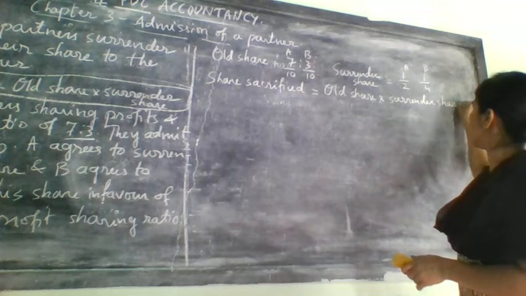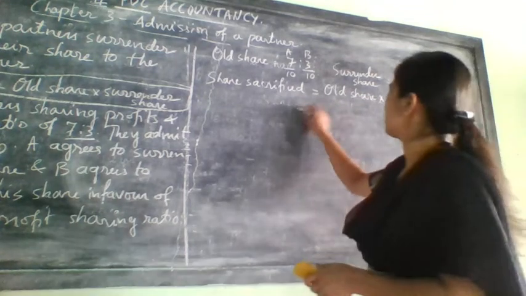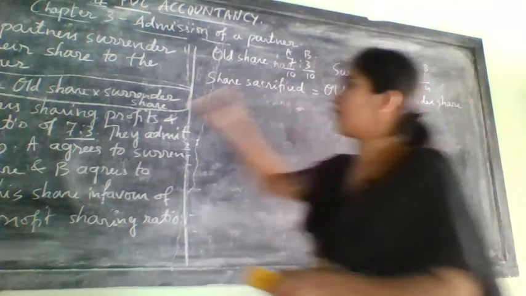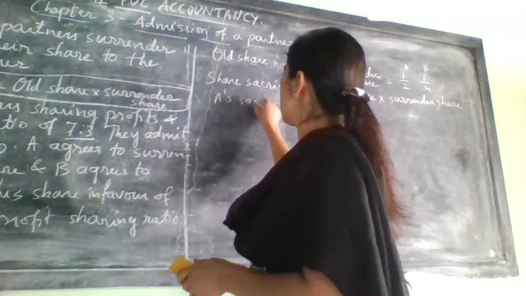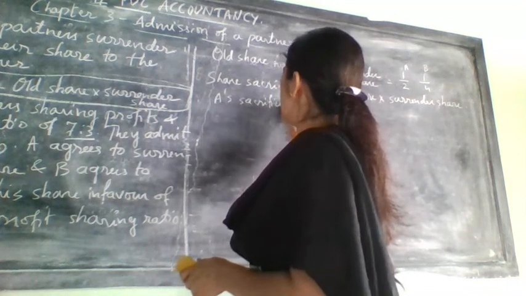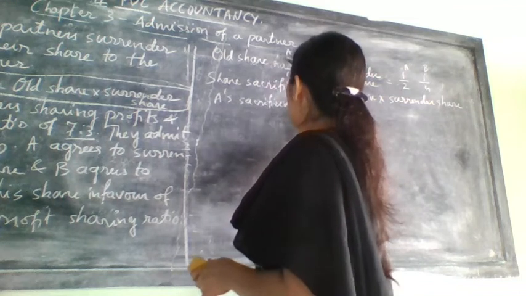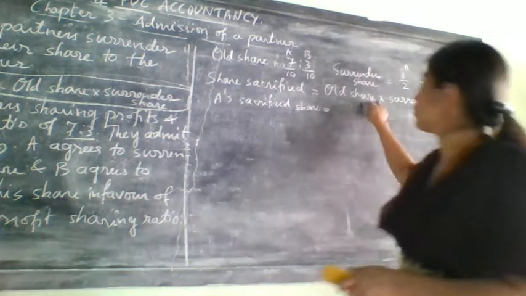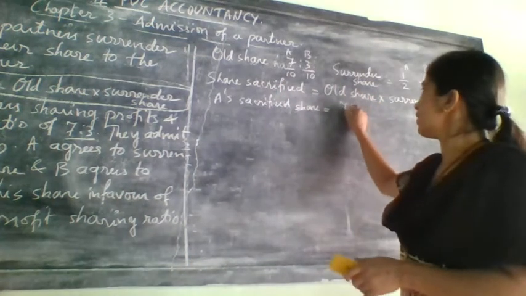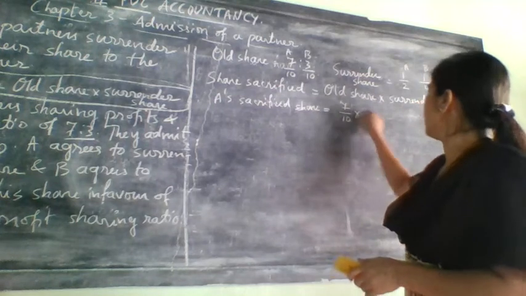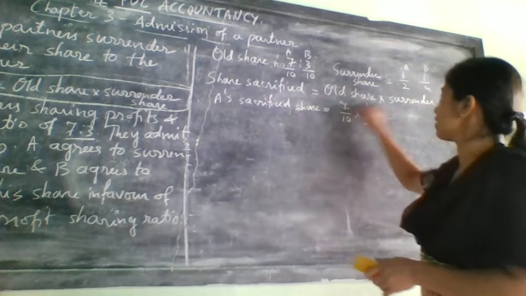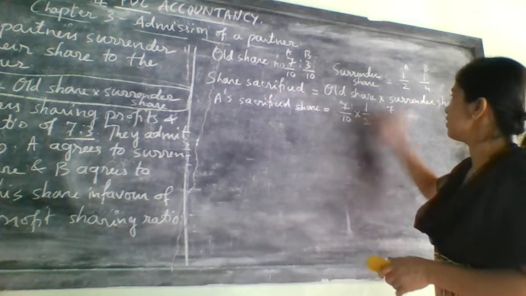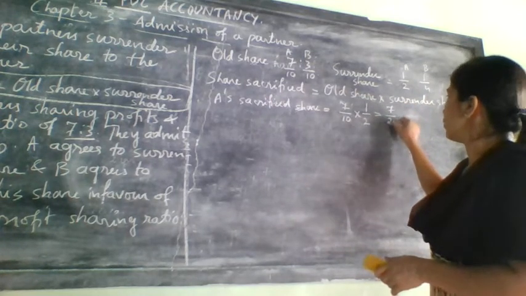First we will find it for A. A's sacrificed share is equal to the old share, 7/10, into the surrender share 1/2. How much will it come to? 7 ones are 7, 10 twos are 20.